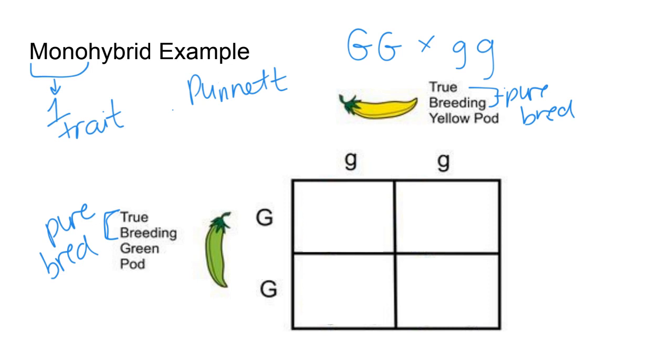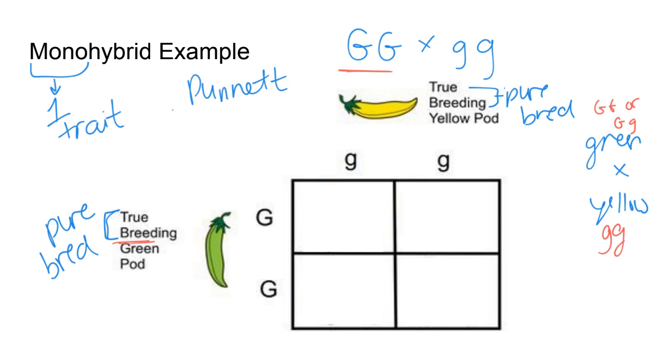Remember, if I had just given you the description of green crossed with yellow, green could have been big G, big G, or big G, little g. Both of those would look green. I know it's big G, big G though, because it says it's true breeding. For it to look yellow, which is recessive, the only genotype it could have is little g, little g. That's how that starts to become helpful to us to keep that in mind.